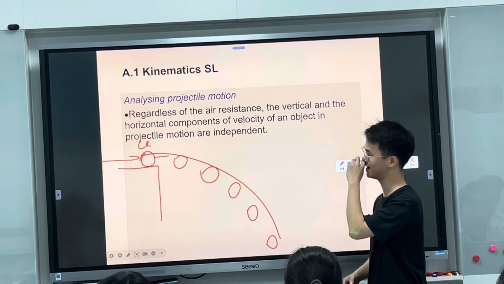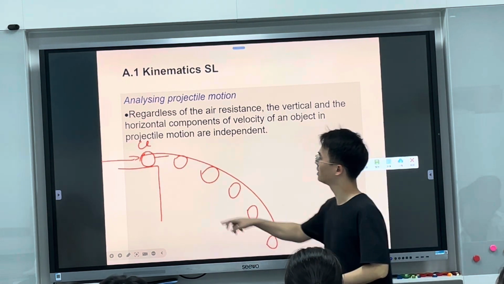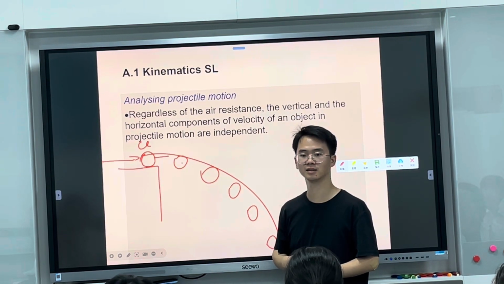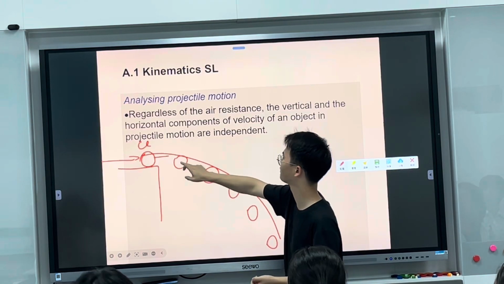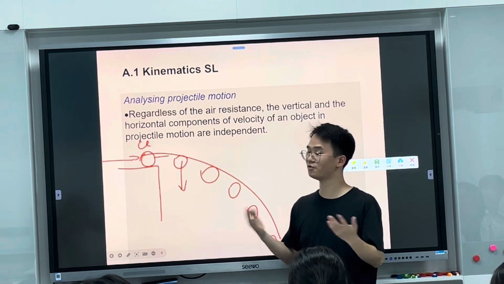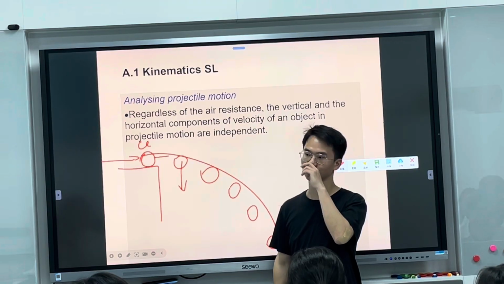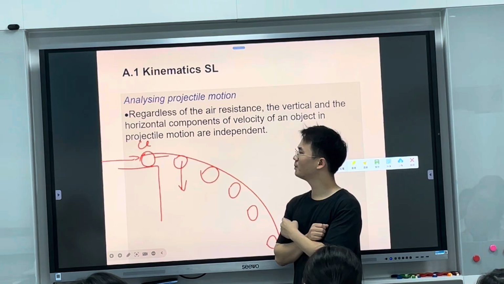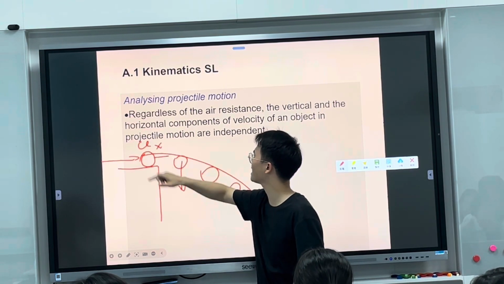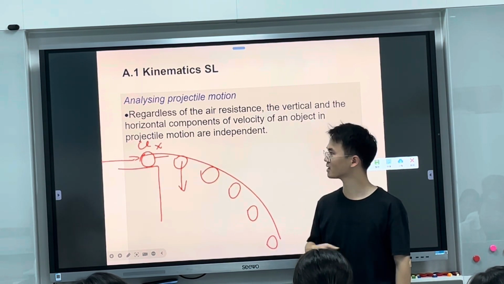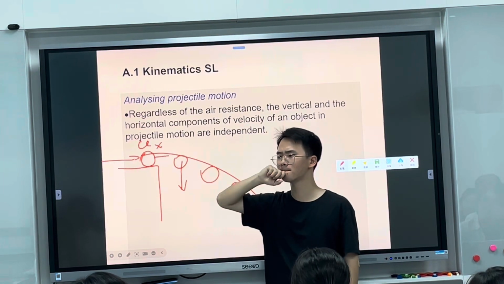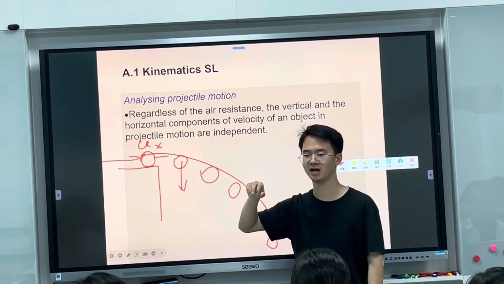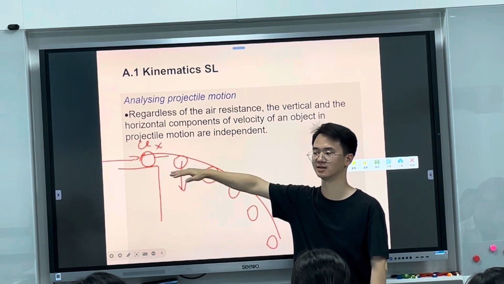Let's start analyzing. If we ignore the air resistance, what are the forces at this position? Gravitational force. Any other forces? Initial force? If we ignore air resistance, no. Only this force, right? But it has an initial velocity in the x-axis, right? Are there any forces horizontally? If there are no forces in the horizontal direction, is there going to be acceleration in the horizontal direction?